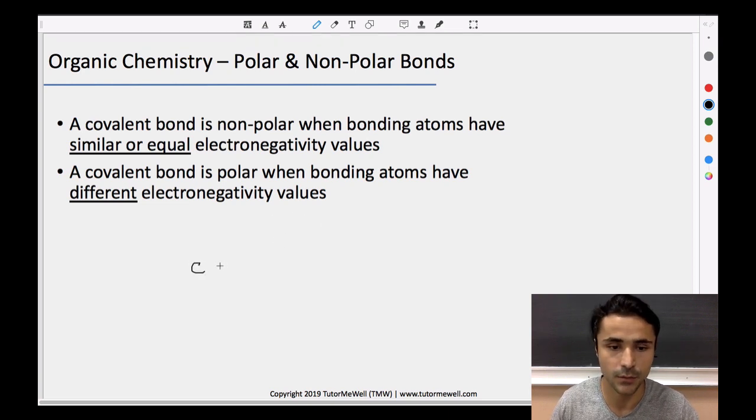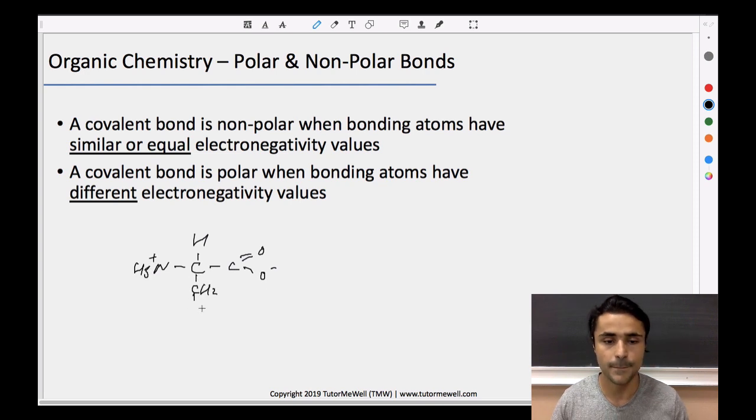So if I want to draw serine, I'm going to start off by drawing the core structure. And we know that serine has a methyl group here, CH2, and an OH attached to it. So a truly nonpolar bond here is going to be the bond between carbon and this carbon, right? Because they have exactly the same electronegativity values.